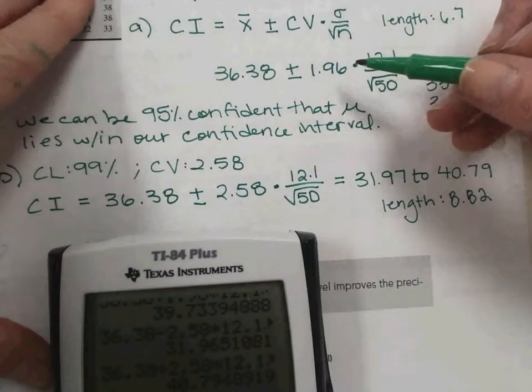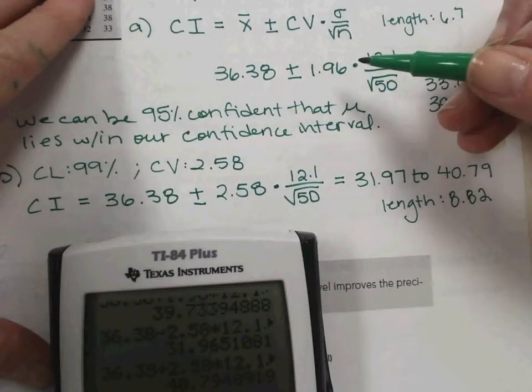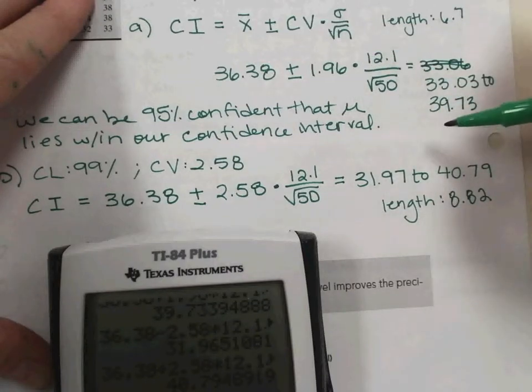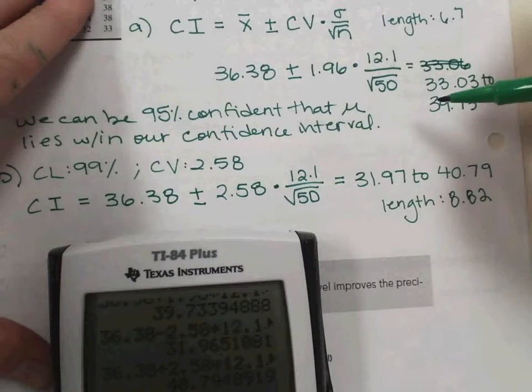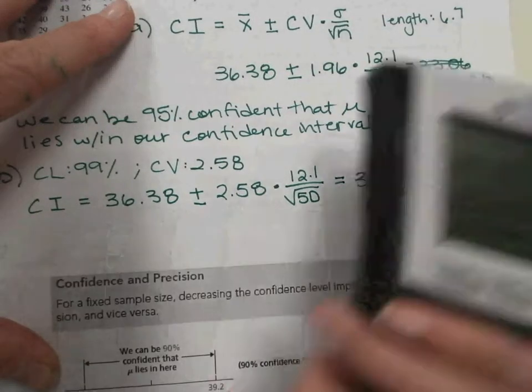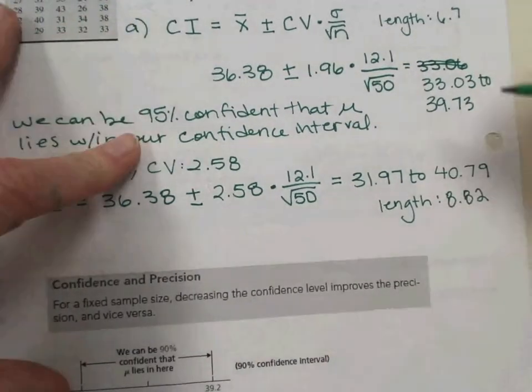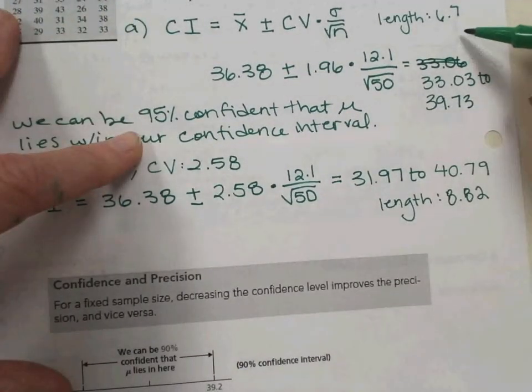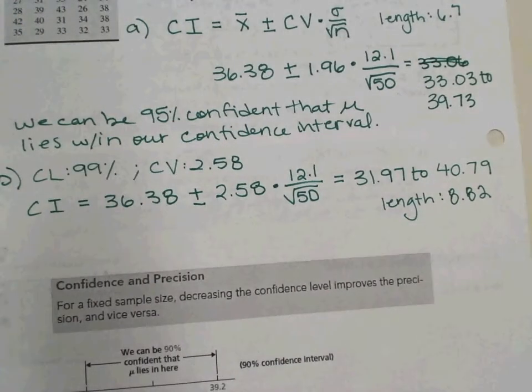So what happened there? Comparing the length to the confidence level. The length is smaller when the confidence level is smaller. Okay, so we had a 95% confidence level and we had a 6.7 length.